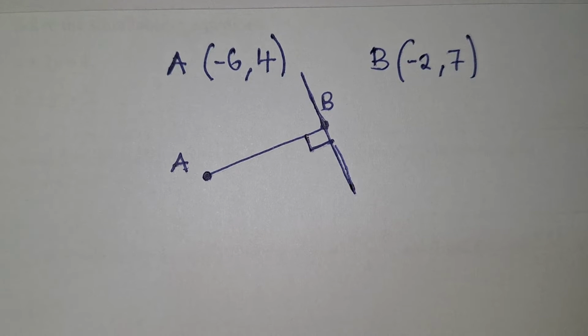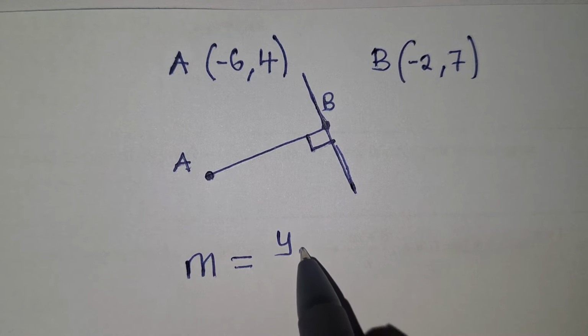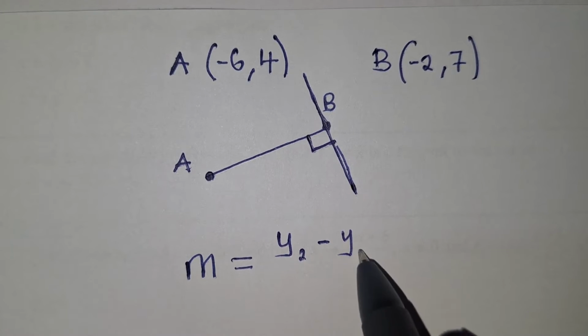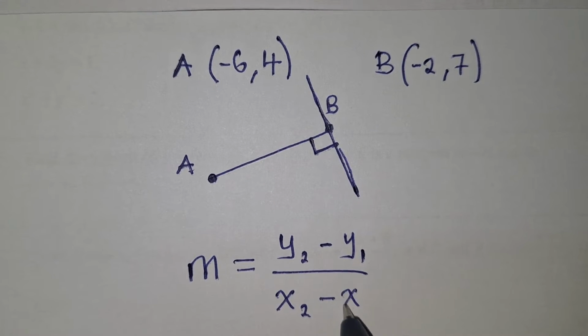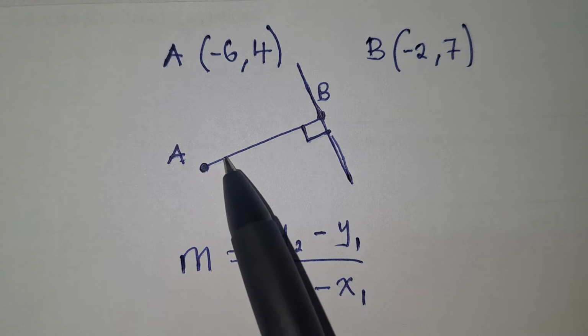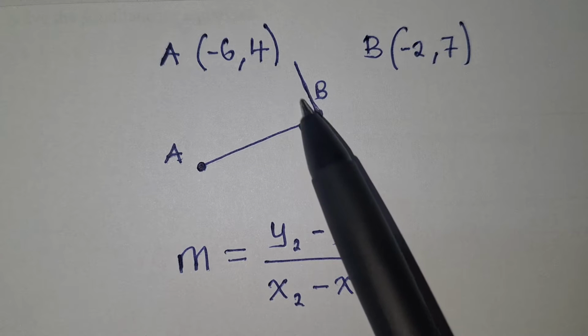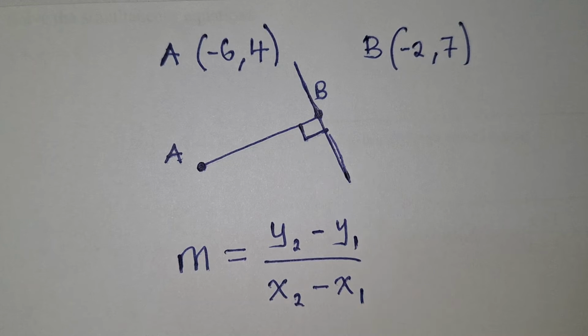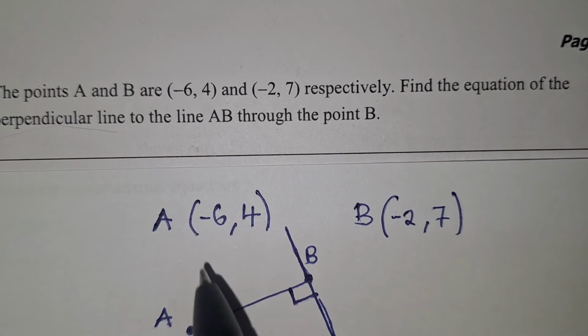Without wasting our time, we'll first find the gradient. So we shall say m is equal to y sub 2 minus y sub 1 over x sub 2 minus x sub 1. This is the formula we shall use to find the gradient of this line. And the same gradient, when we find it, is what we are going to use to find the equation of this line. So let's go to the points.